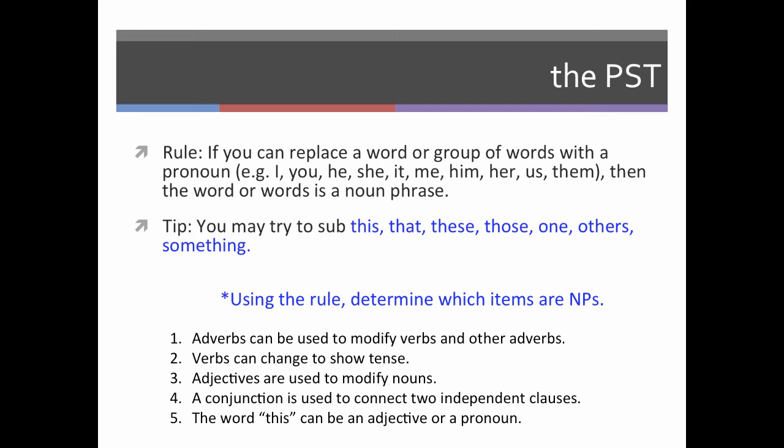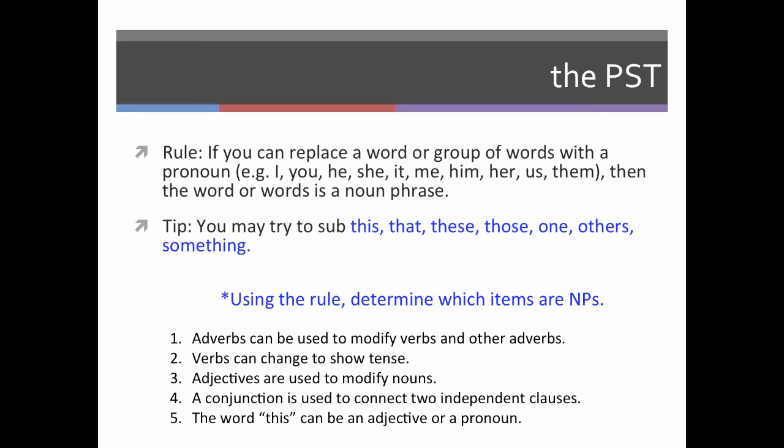But in the object position, we should also try to substitute me, you, him, her, us, them. You may even try to substitute pronouns such as this, that, these, and those. So using this test, we can determine which items are noun phrases.